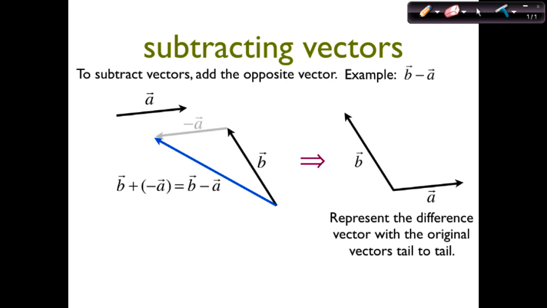Normally, you start with tail to tail. And then B minus A is going to finish the triangle, but the question is, what direction is B minus A? Is it up and to the left or down and to the right? Well, we know it's up and to the left because we already did it, right? But if you hadn't done this, how do we think about that? Would it make sense that B minus A is up and to the right?